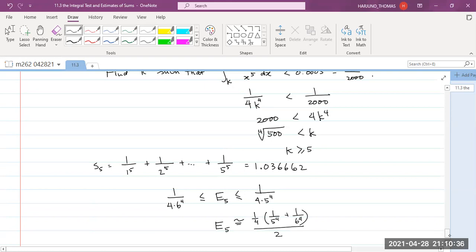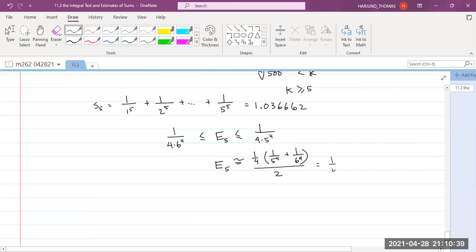I do the midpoint, which is 1/8 of that, which is a very small number, 0.00237716. 1/8 of that will be 0.00029645.